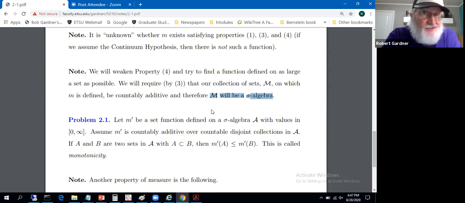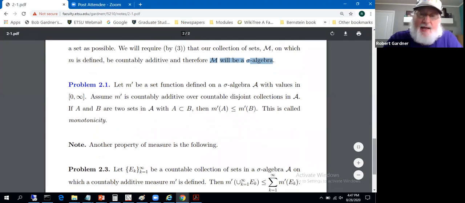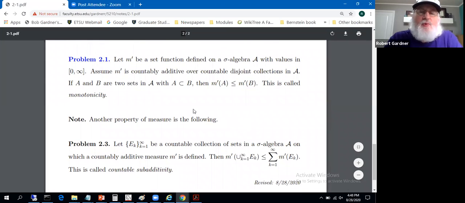The description, granted, is clunky, and that wasn't even all the Borel sets. Well, our measure will include all of the Borel sets and more. It'll include a lot of sets. The only sets it will exclude are really exotic, but there are, using the axiom of choice, non-measurable sets out there. So this is what we're up against in establishing measure theory.